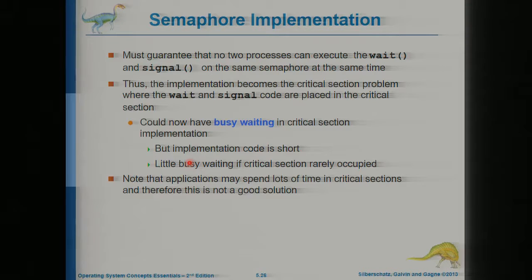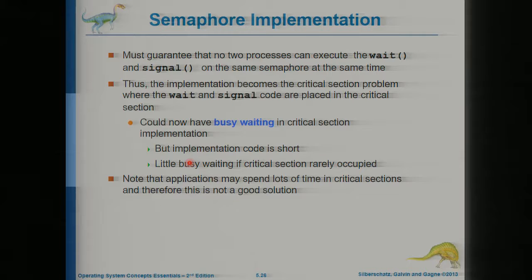To avoid this, we could have busy waiting in the critical section implementation, but busy waiting is okay when you have a short critical section. If your process is going to spend only a few seconds in the critical section, that is fine. But if the critical section is too large and processes execute the critical section for hours, then the process waiting in that wait, where there is a while loop, is a problem.